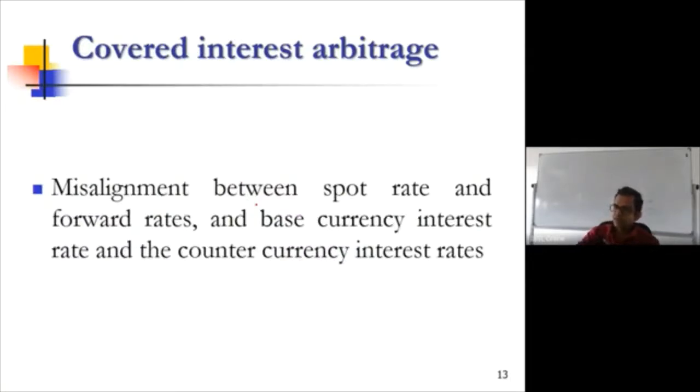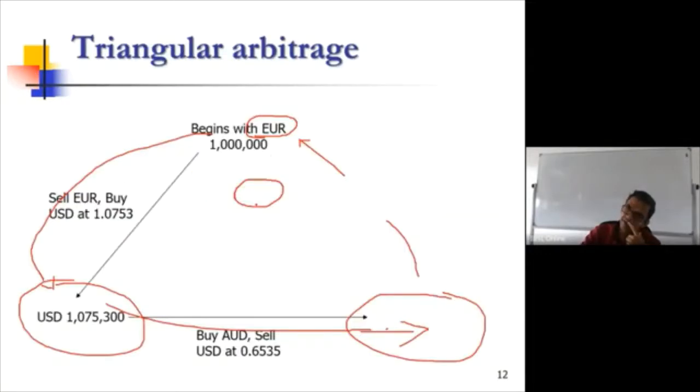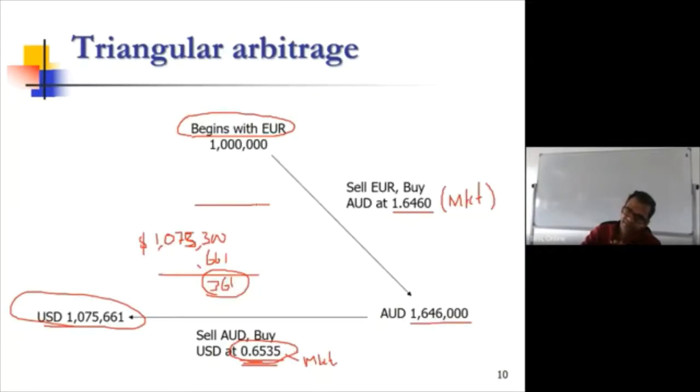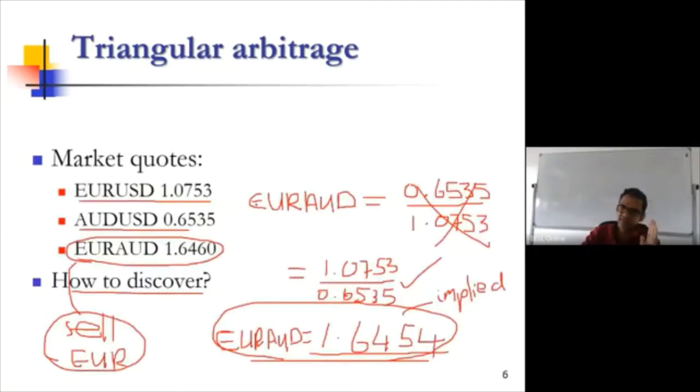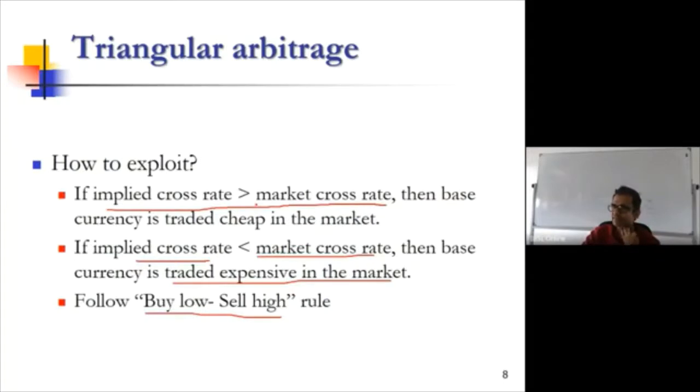If you don't have any questions, we'll move on. So this is triangular arbitrage. These are the two scenarios that can happen. The currency pairs may be different, but these are the two scenarios. The first one is when the implied cross rate is greater than the market cross rate. Then the base currency is traded cheap in the market. This is the second example that we discussed.